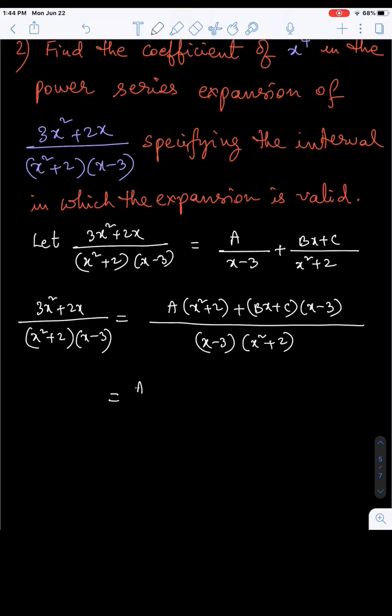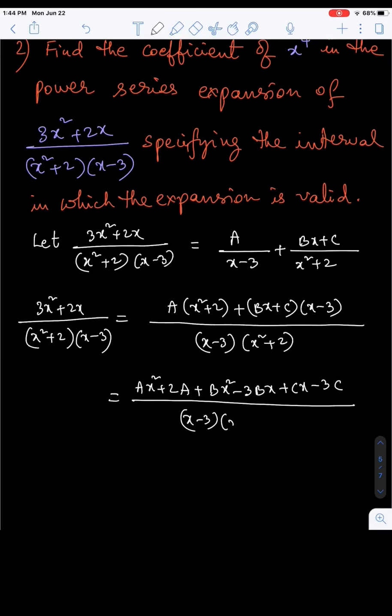I will multiply these and write: Ax square minus 2Ax... here Bx square minus 3Bx plus Cx minus 3C by (x minus 3) into (x square plus 2). Here LHS is the same, no change in LHS. Again we go to the RHS and I will tell you how I got this step.